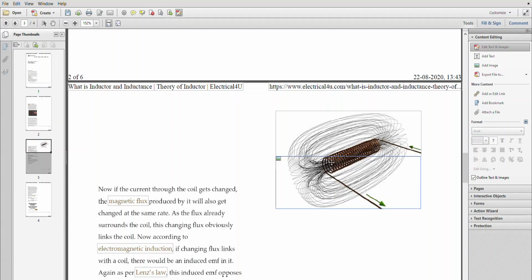That's the reason the inductor stores energy in the form of a magnetic field. When there is a change in the current in the coil, the magnetic flux lines change, which changes the induced EMF. So it stores energy in the form of a magnetic field, unlike the capacitor which stores it in the form of charges. That is the difference.